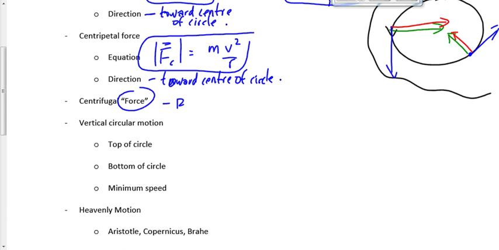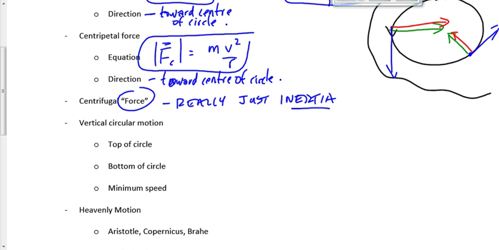It's really just your inertia. Your inertia wants to take you in a straight line, right? You go in a straight line, which makes you appear to go to the outer edge of the circle. And when you get to the outer part of the circle, maybe something's pushing you in. It feels like you're being pushed out, but you're not really being pushed out. It's what we call a pseudo force.